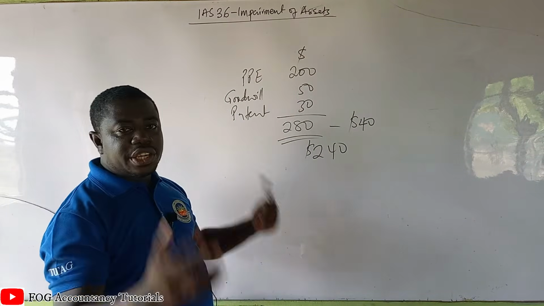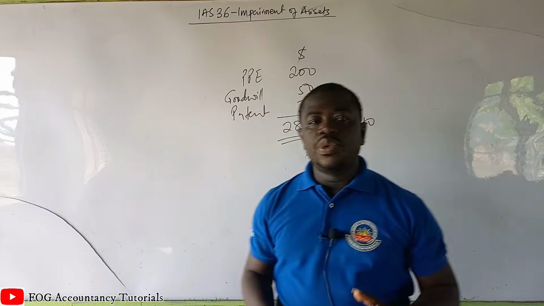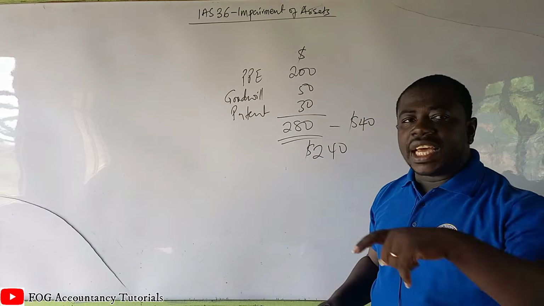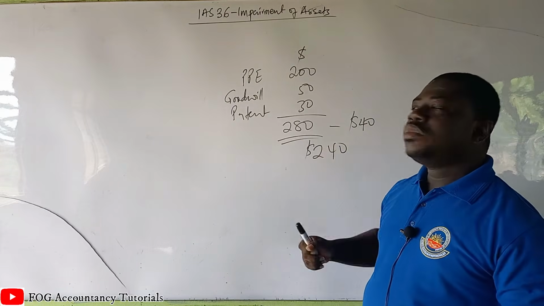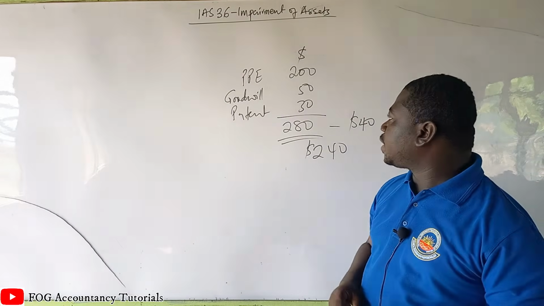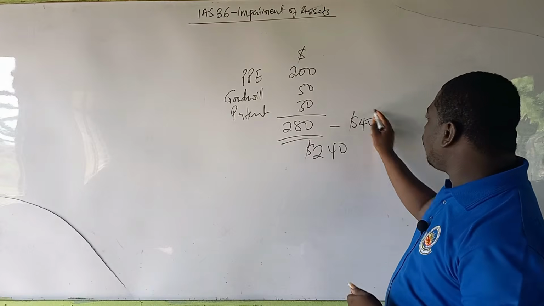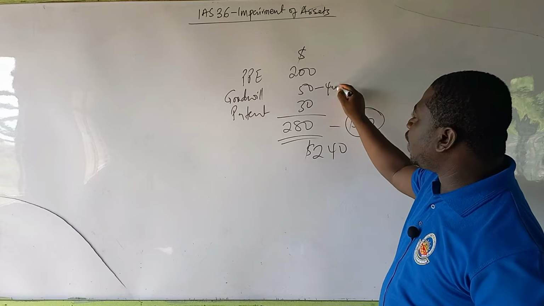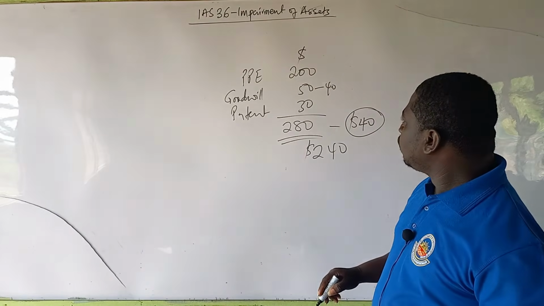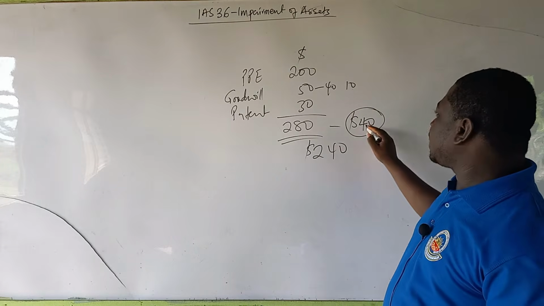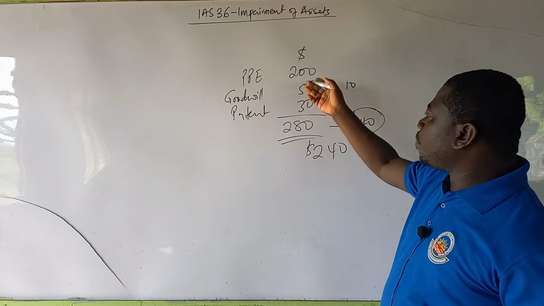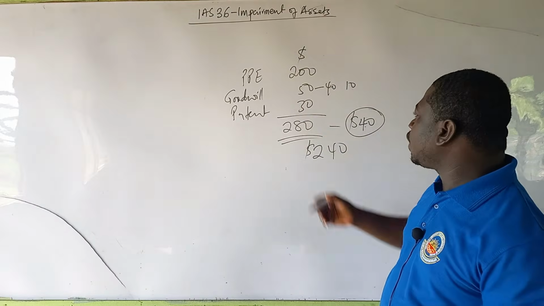Now, the general rule is that we are supposed to reduce the value of the intangible assets first before we touch the tangible non-current assets. And so we can say that this whole 40 will be subtracted from the $50 so that the goodwill component will now be 10. Or we can share them based on the proportion of holdings, a weighted average proportion.